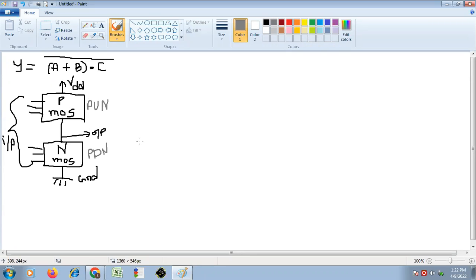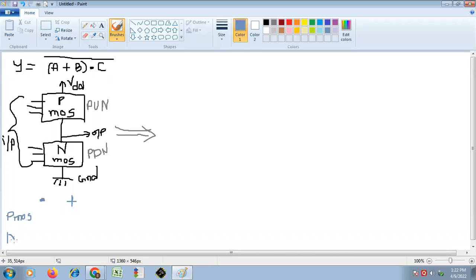Now we have to implement this Boolean equation in terms of CMOS logic design. How to proceed? We have already discussed one rule for how to convert the dot products and the add products in case of PMOS and NMOS.